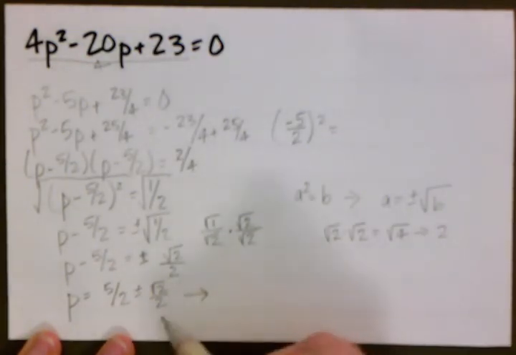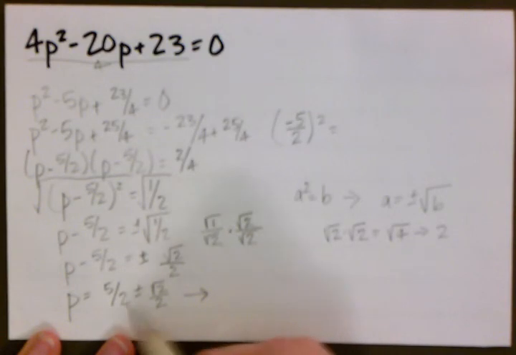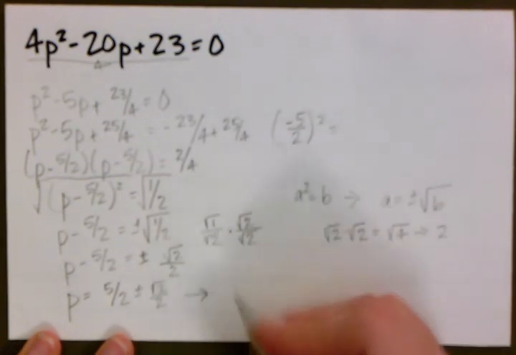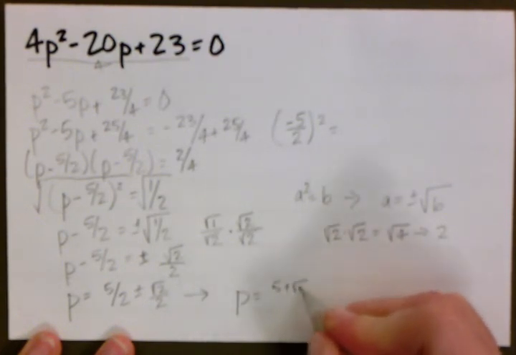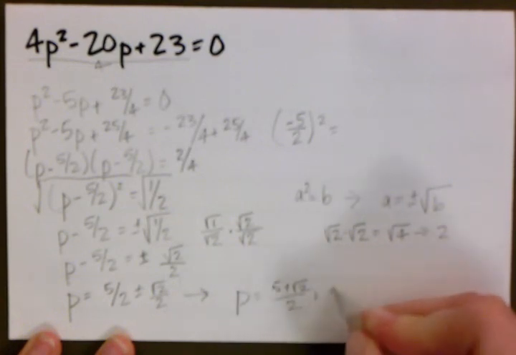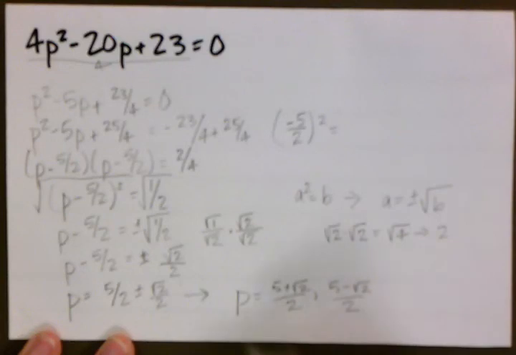This really is our answer, but because we have a common denominator, we can write it a little bit more clean. So we have p equals 5 plus square root 2 over 2 and 5 minus square root 2 over 2, and that is the answer.